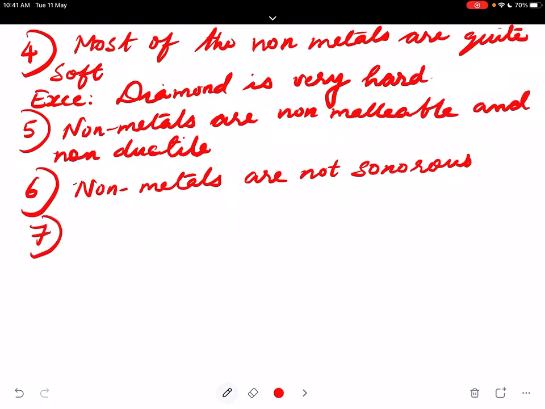Number 7. You know that the melting and boiling points of metals are very high.